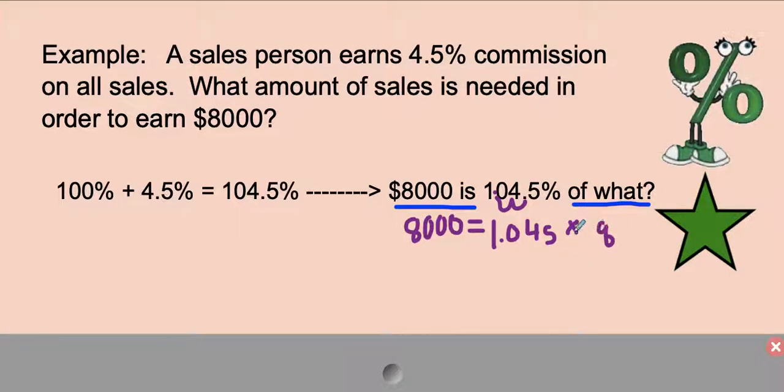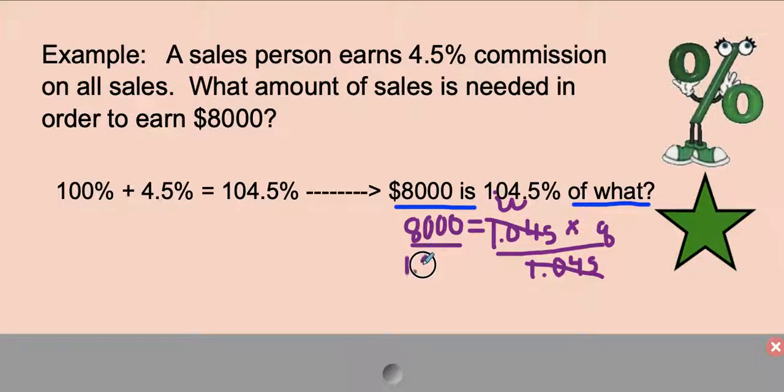Now this one has a little bit more involved with it because I'm going to have to solve this. If I want to get q alone over here, times q, well, I want to divide, right? So I'm going to undo that multiplication. I'm going to divide both sides by 1.045 to get q alone.